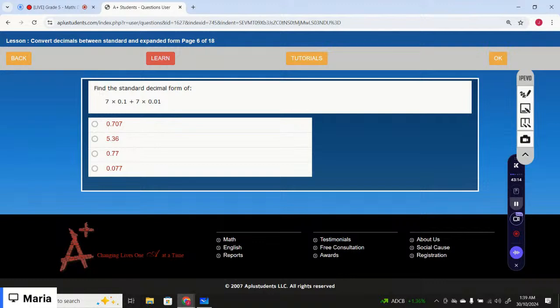Find the standard decimal form of 7 times 0.1 plus 7 times 0.01, which is the correct option.